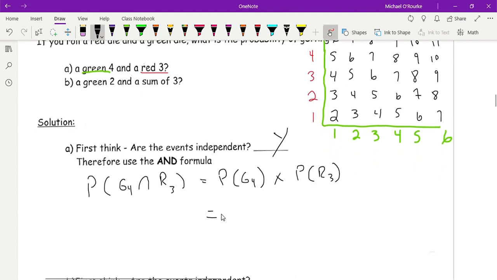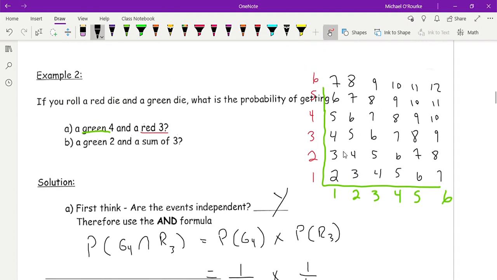Now what's the probability of getting a green 4? Just think about just the green dice. What's the probability of getting a green 4? 1 out of 6, right? And what's the probability of getting a red 3? 1 in 6.